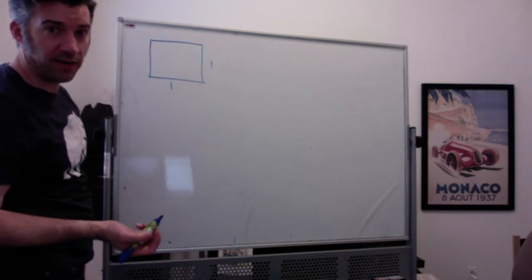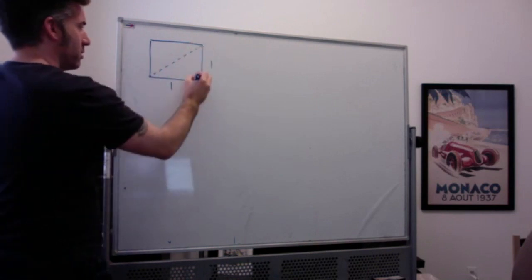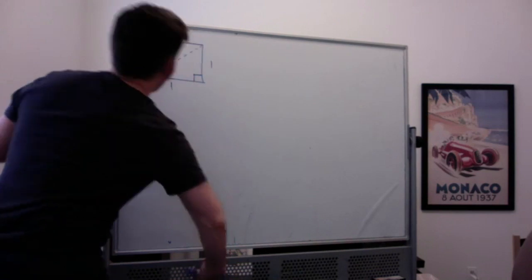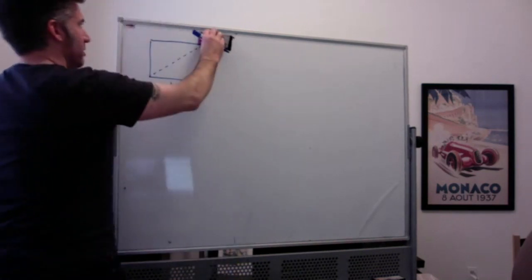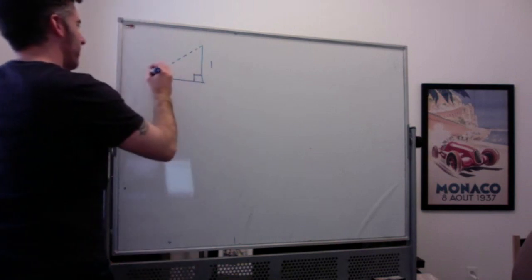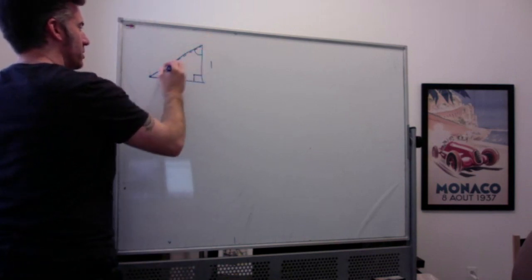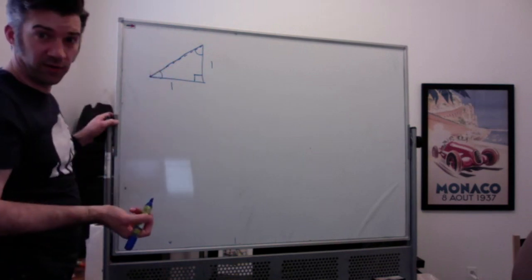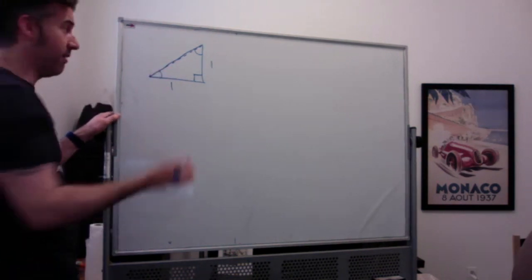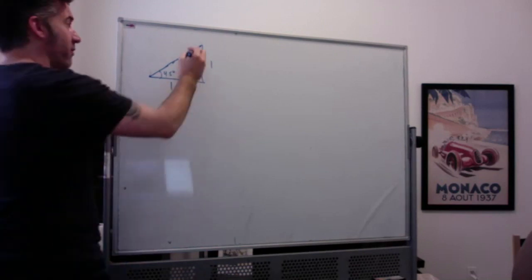I'm going to cut it in half diagonally. It's a right triangle. And I don't really need the rest of the square there. Well, first of all, I should say each of these angles is 45 degrees, right? I took a 90-degree angle and cut it in half. So it's 45 degrees. Or if you prefer, pi over 4 radians.